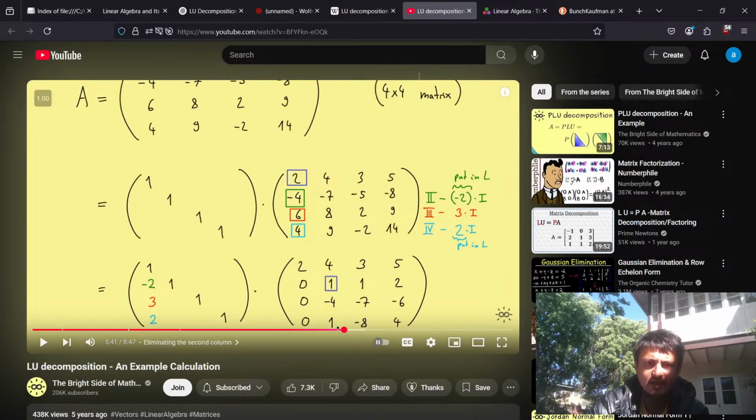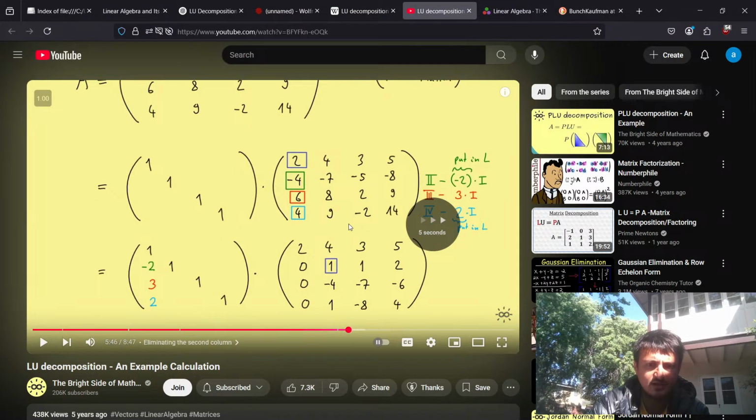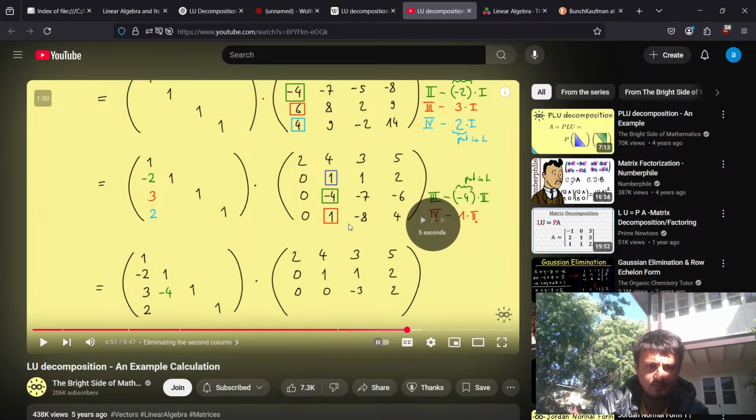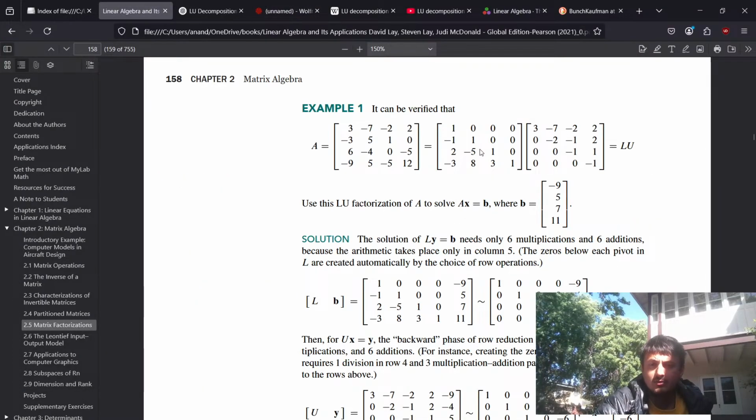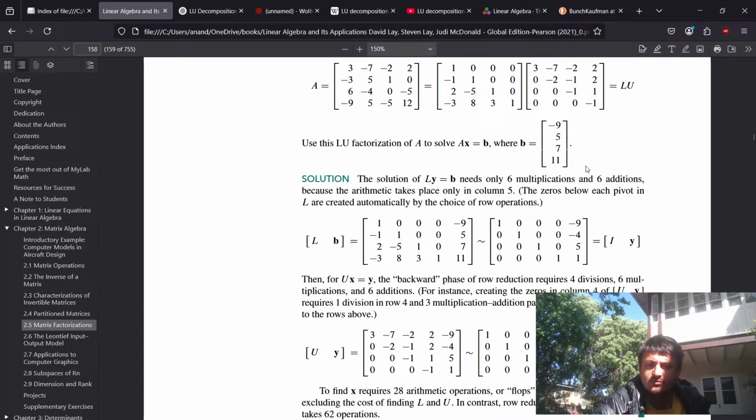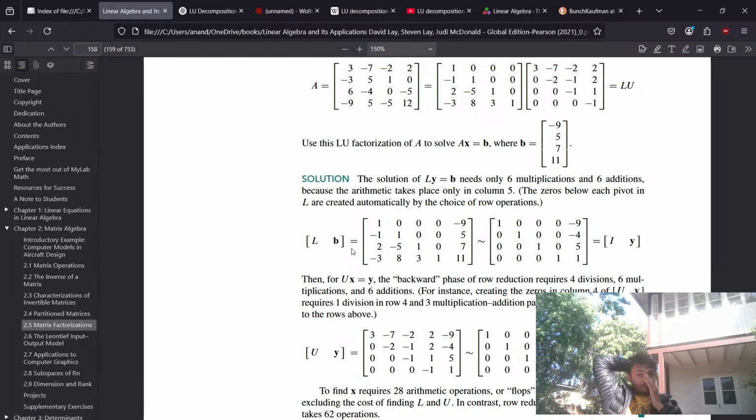But in this guy's, it doesn't have to be ones on the... see how... oh no, the L definitely has to have ones on the diagonal, but the U does not need ones on the diagonal because we're not starting it off as the identity. Okay, I'm convinced. LU factorization is pretty sweet.